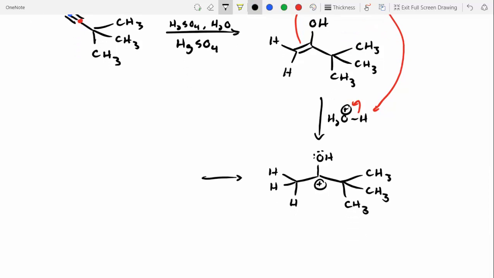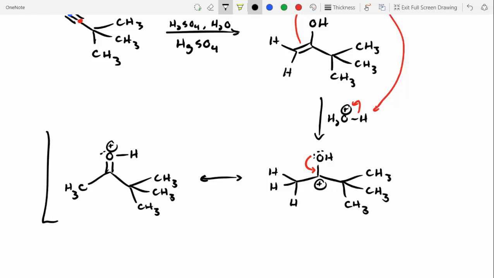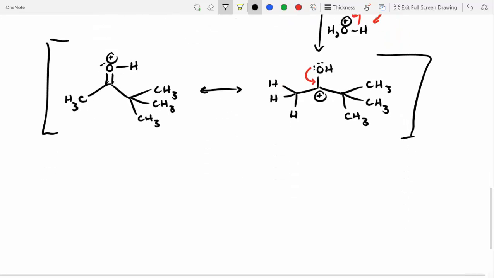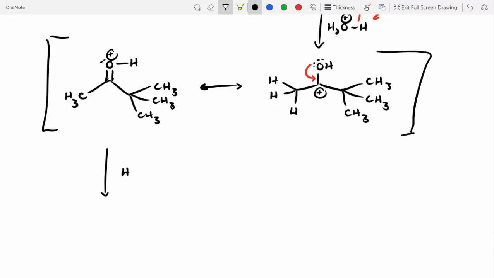And we said before that this is really stable because the lone pair from the oxygen can dump its electron density down. And CH3, so we've got these resonance structures. And then what's the last step? Yeah, water deprotonates the proton here, and we end up with our ketone.